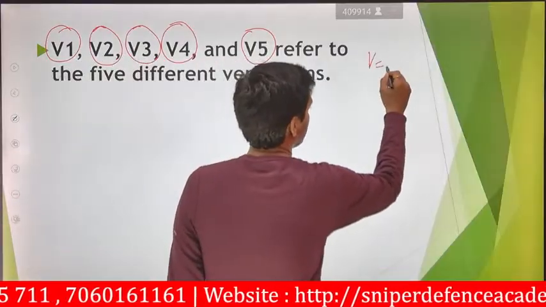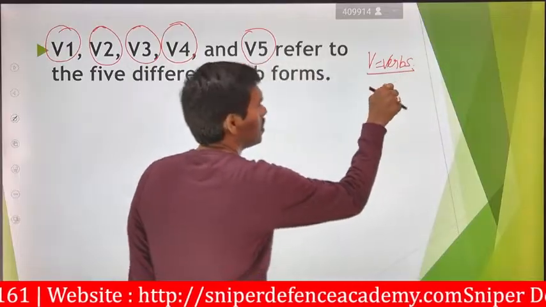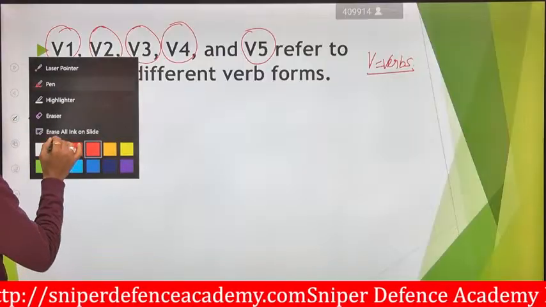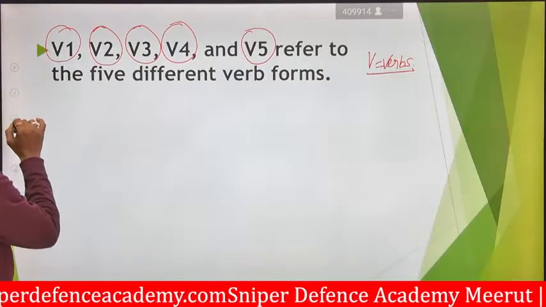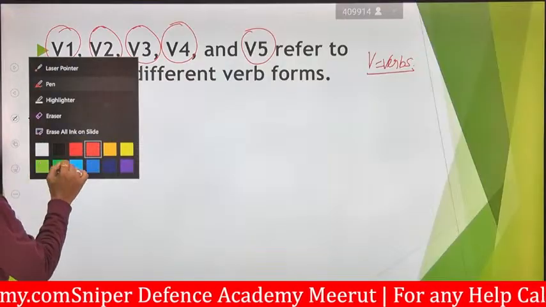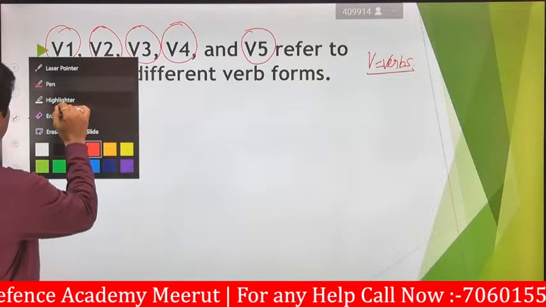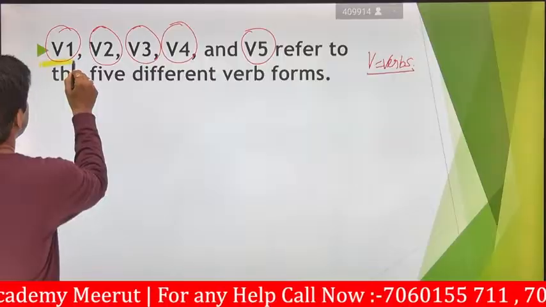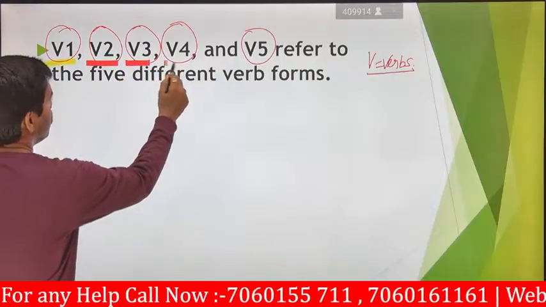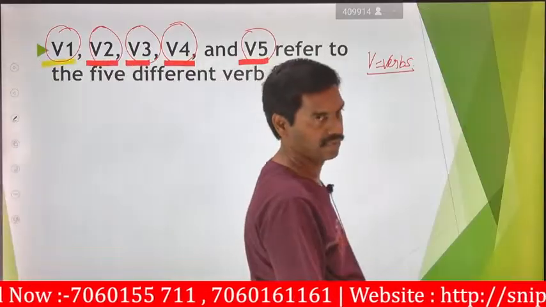V stands for verb. Generally they are saying V1, V2, V3, V4 and V5. These are the types of verbs.